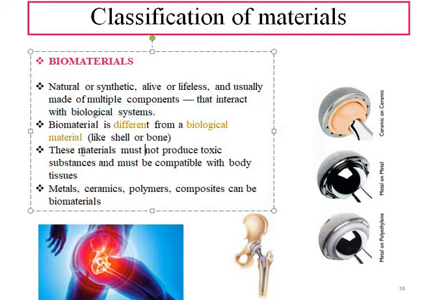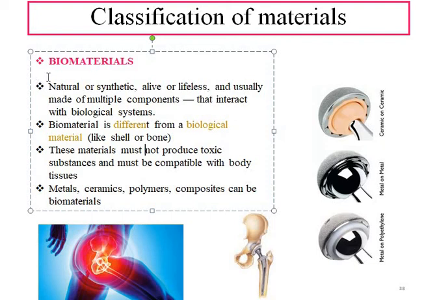These materials must not produce toxic substances and must be compatible with the body tissues, and should not affect any body parts. Recently, knee pains are there for many people, and knee replacement is also there, and all these knee replacements and other body part replacements are done with the help of biomaterials.